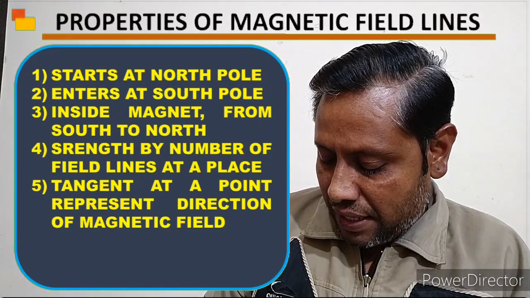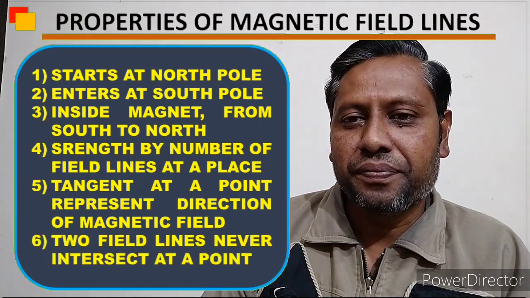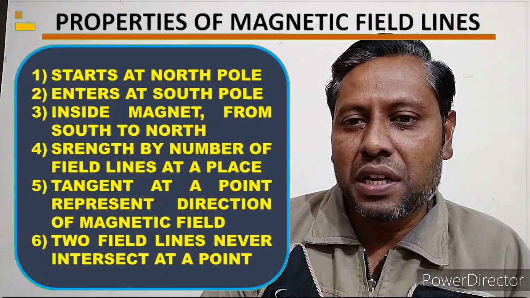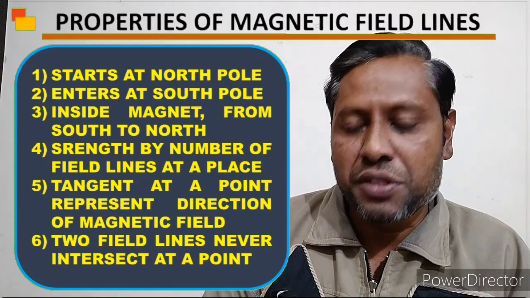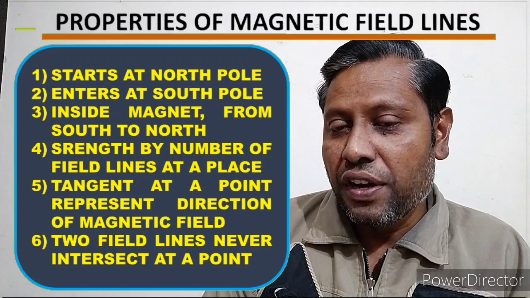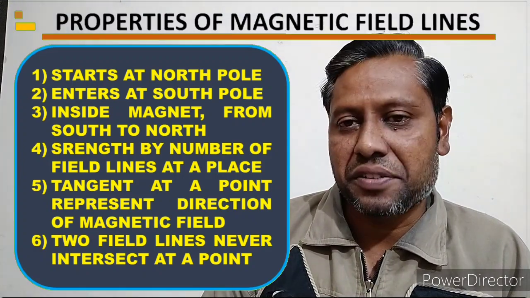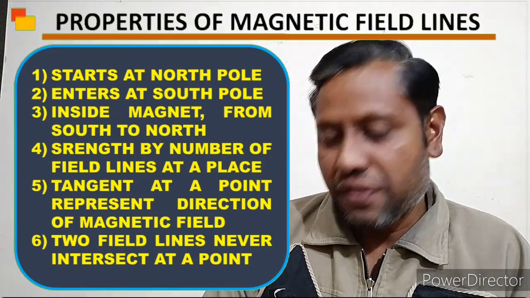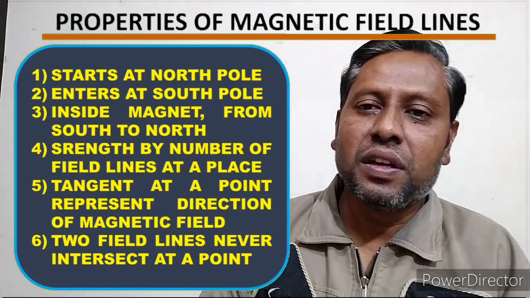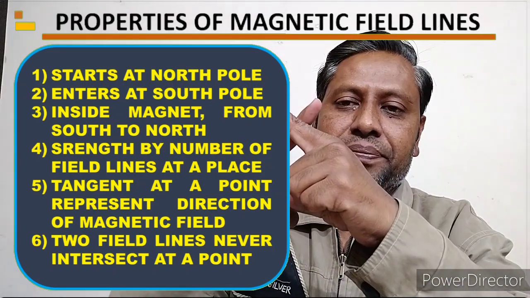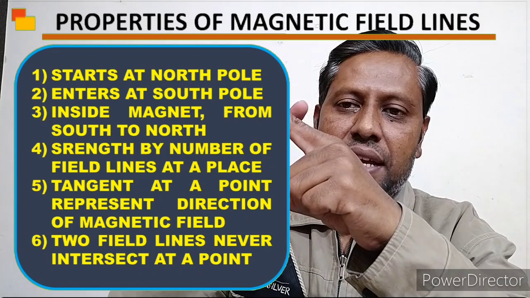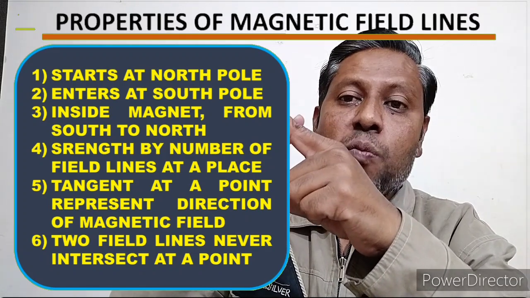And last, it's very important. Many times a question can be asked based on this: two field lines never intersect. From point 5 itself, it should be clear to you. If two lines intersect like this, then at the point of intersection there are two possible tangents.